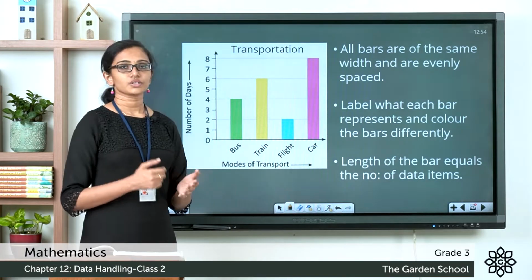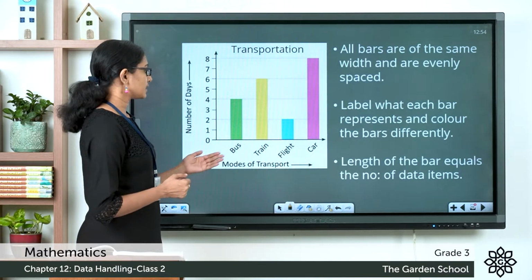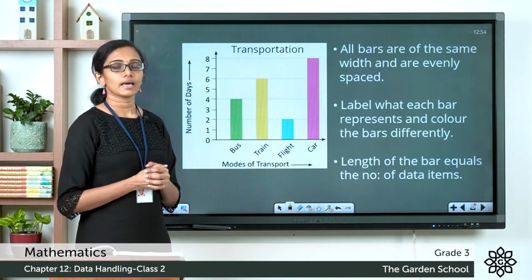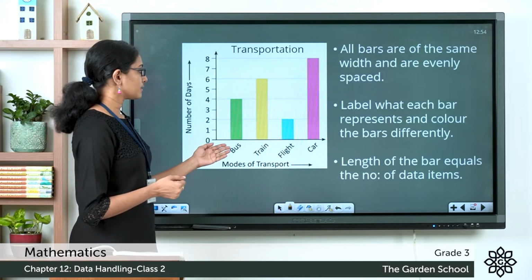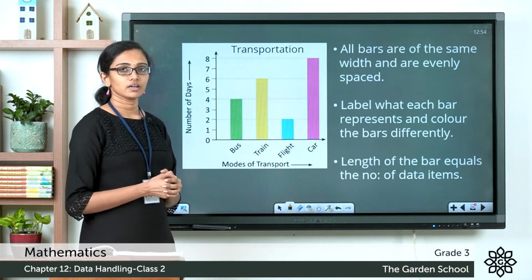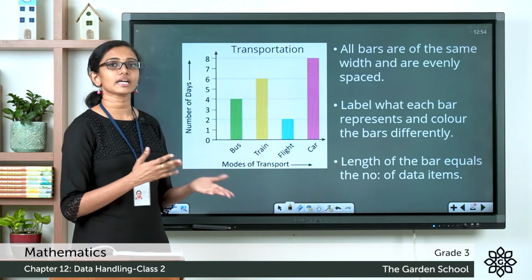data items. So, here in this example, this bar graph depicts the different modes of transport that a man used in a month. So you can see the labels bus, train, flight, car, which describe the category of data or the different modes of transport that he used.